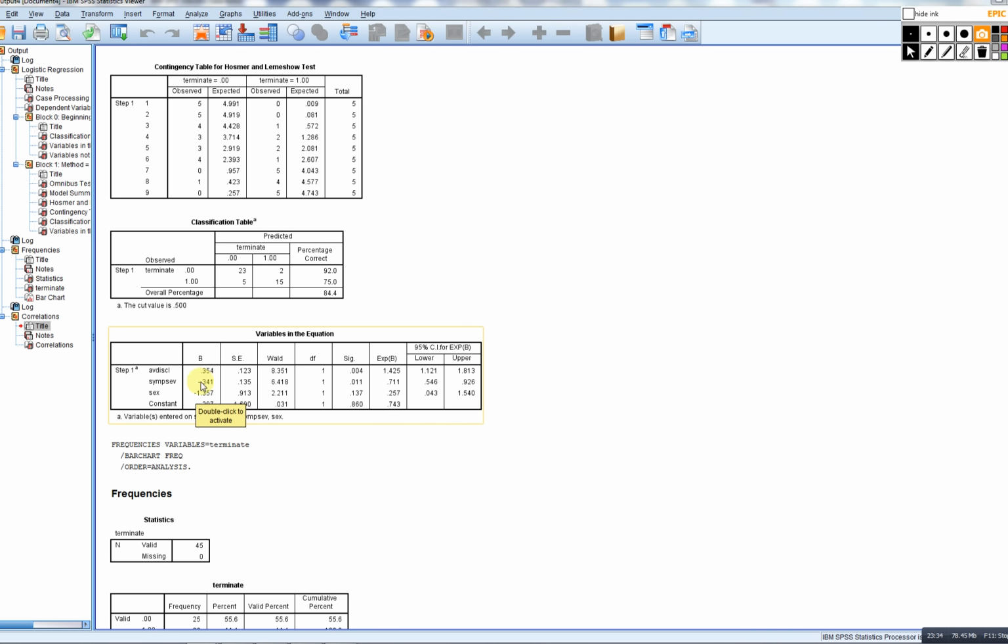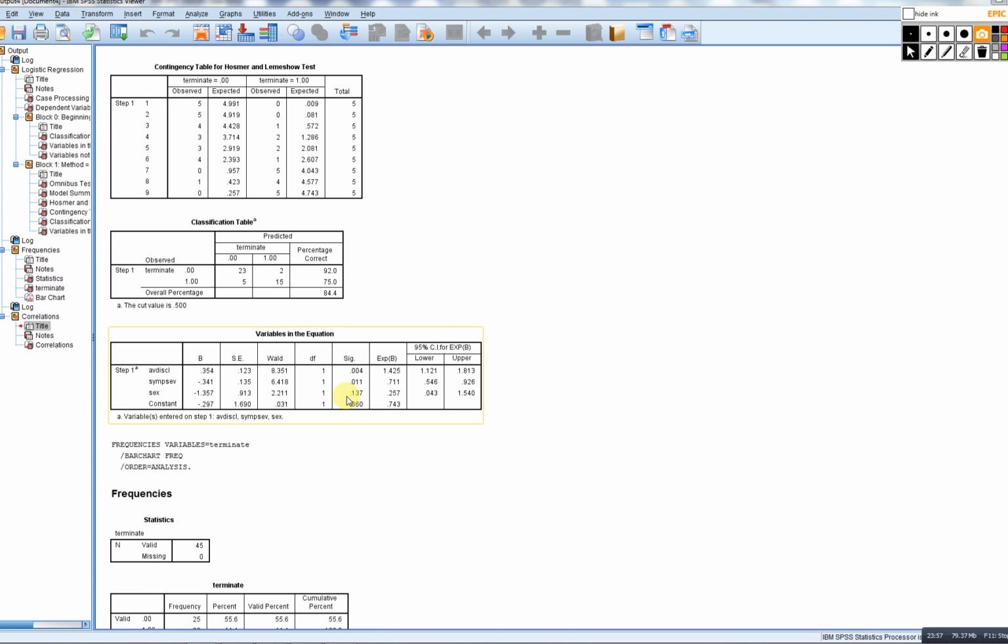A negative coefficient tells us that as scores increase on the predictor, there's a decreasing likelihood of a case falling into the target group. And we have significance tests, Wald chi-square tests, for each of these effects.